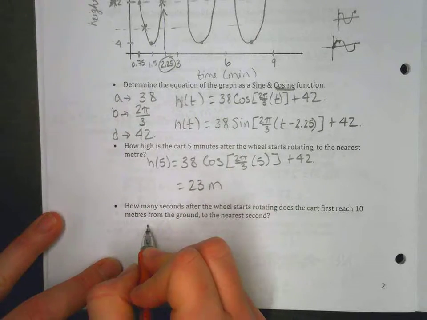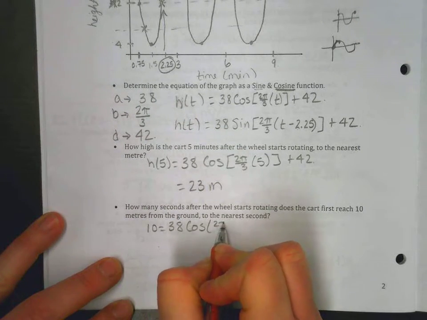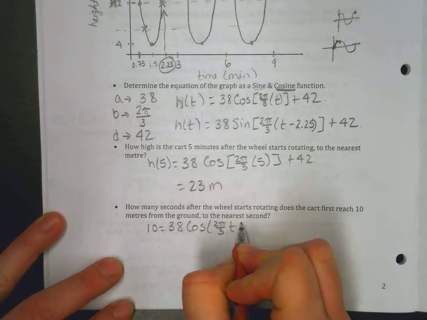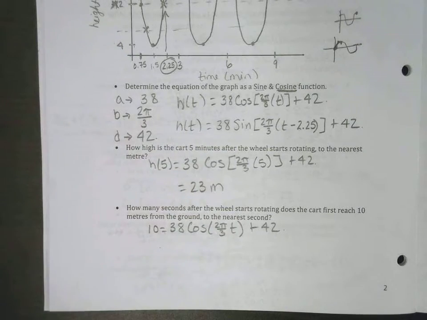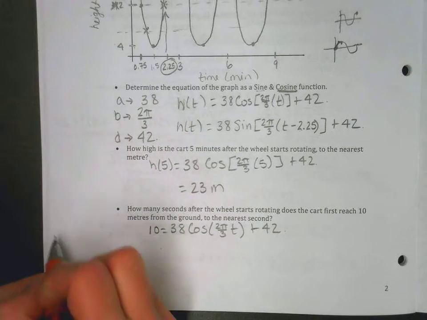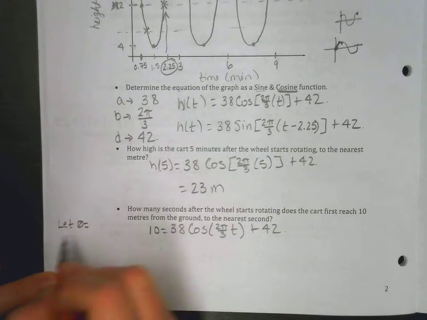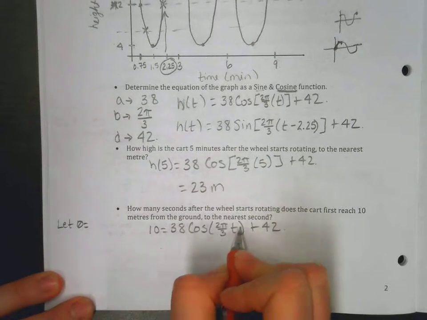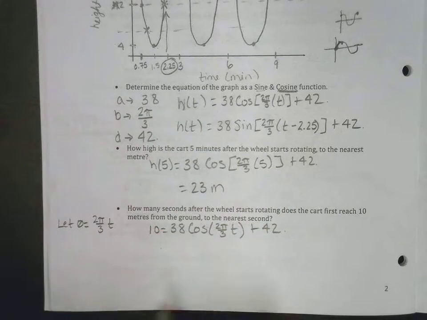Okay, so what I'm going to do is let theta equal this entire angle expression, 2 pi over 3t. So I'm going to solve this equation for theta first and then come back and substitute this expression to solve for my time. So my first step to solving this equation would be to subtract 42.